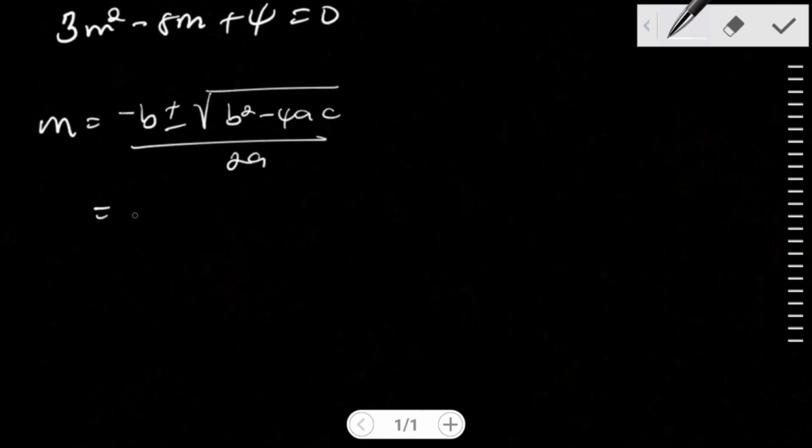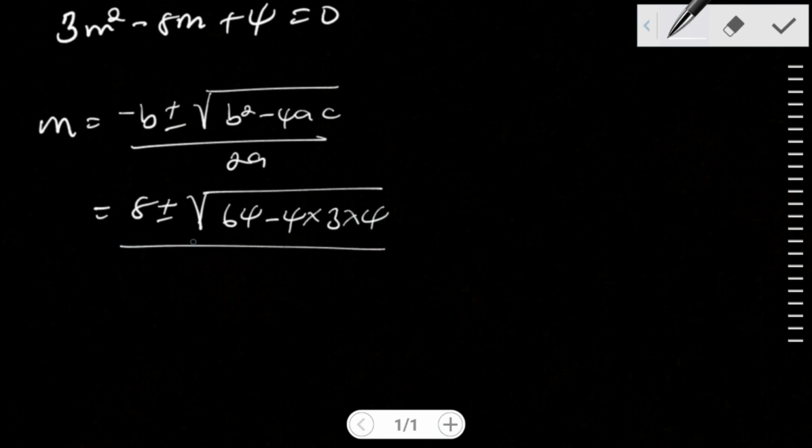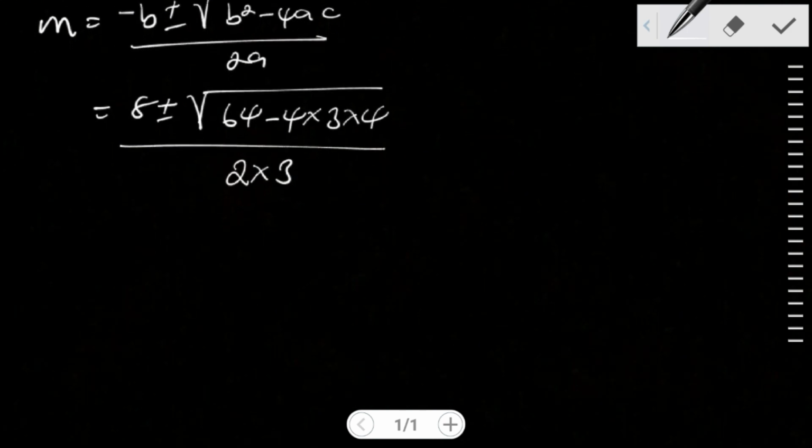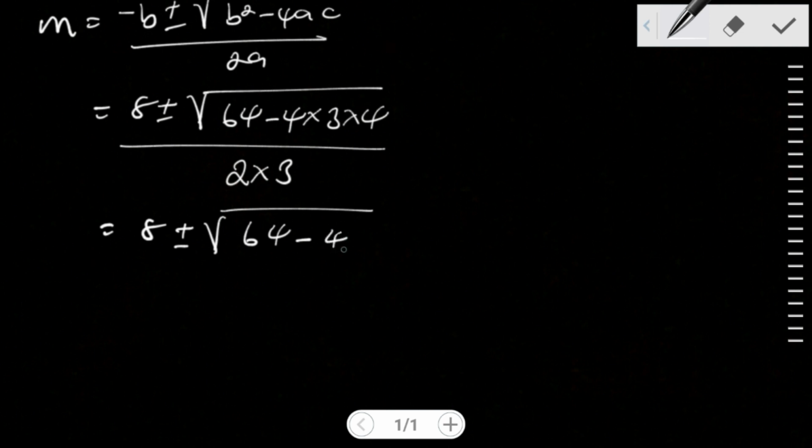This is going to be 8 plus or minus the root of b squared, which would be 64, minus 4 times a, which is 3, times c, which is 4, all over 2 times 3. So this is 8 plus or minus the root of 64 minus 12, which gives me 48, all over 6.